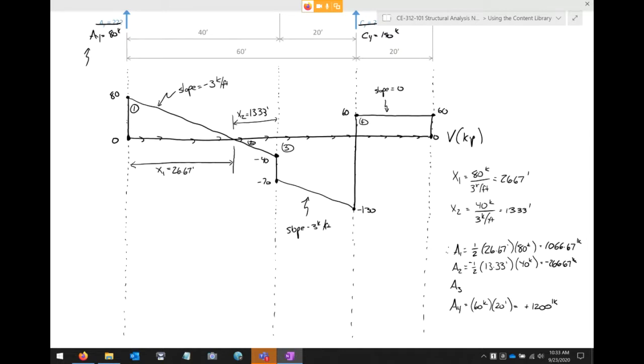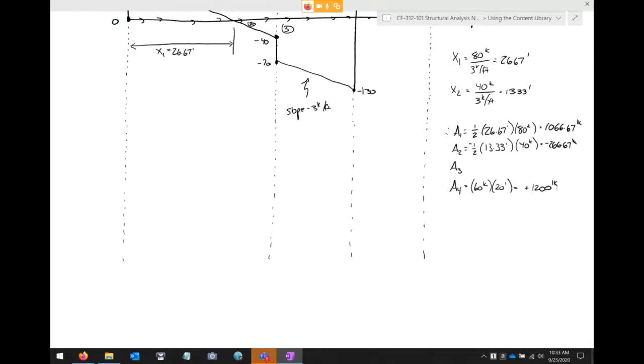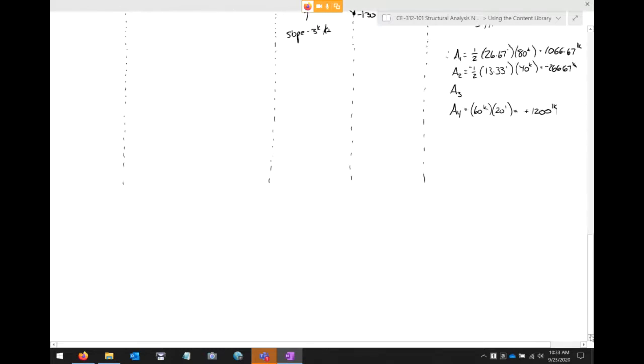Okay. Now this area number 3, let me sort of draw this over to the side. I'm going to do this down here just to get it out of the way. So let's look at area number 3. I'll show you a little shortcut.